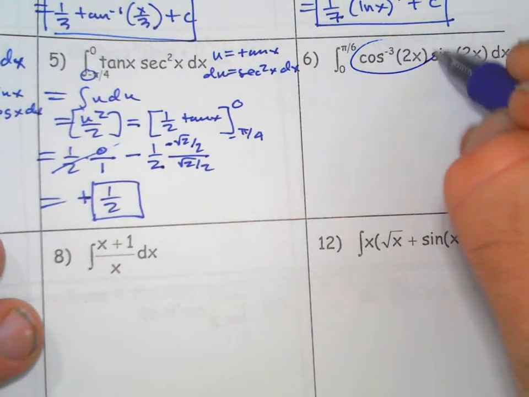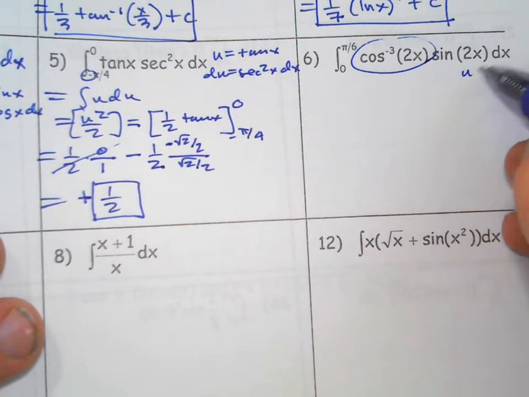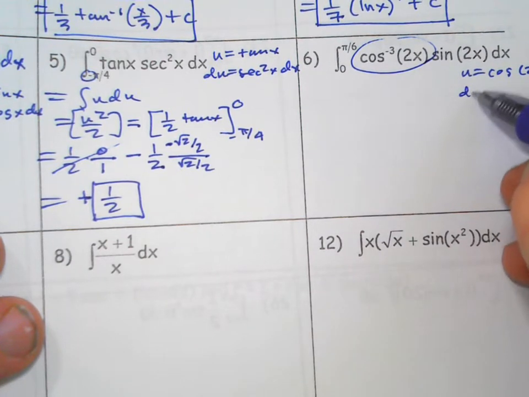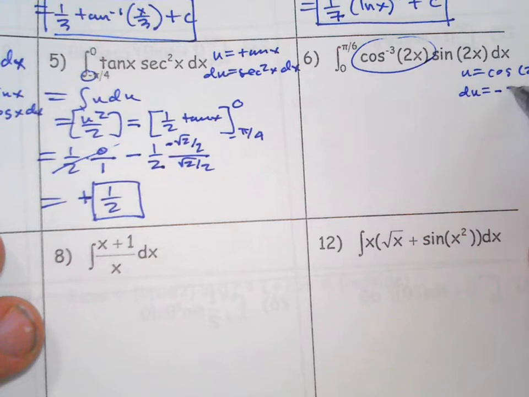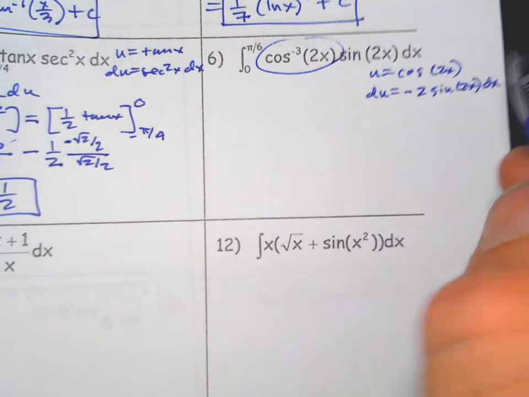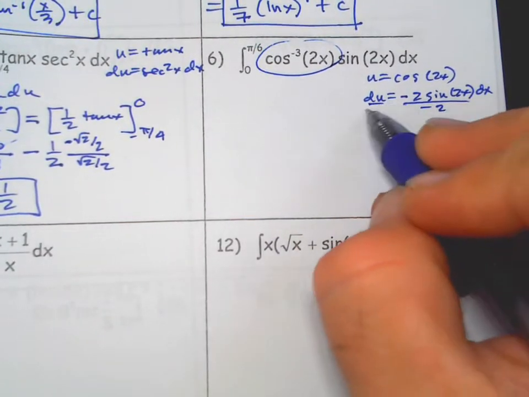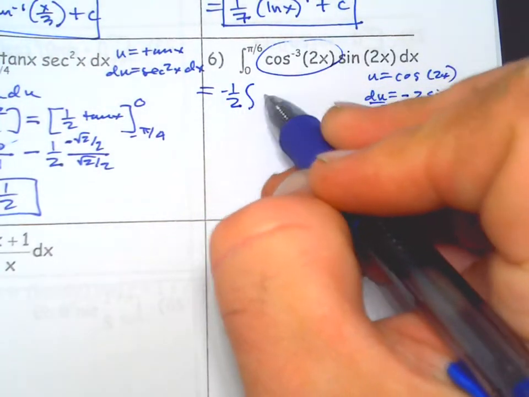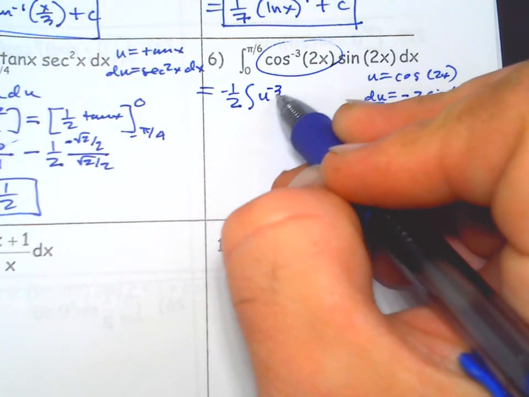This is in the denominator. So u equals cosine 2x. du equals negative 2 sine 2x dx. Don't want the negative 2. So this is going to be negative 1/2 u to the negative 3 du.